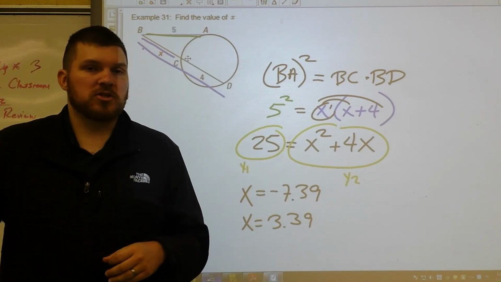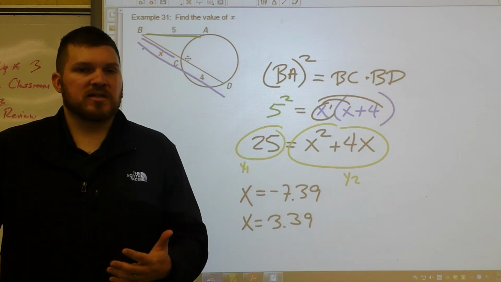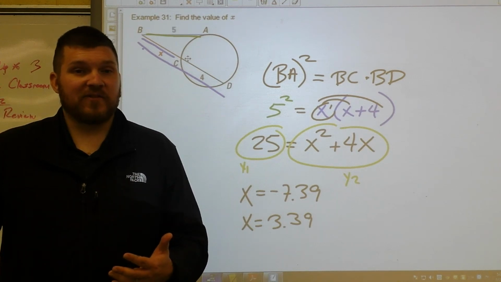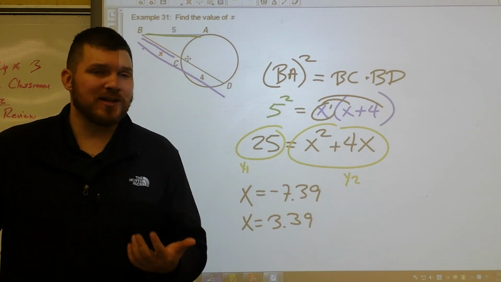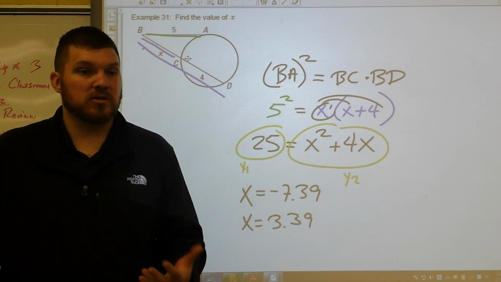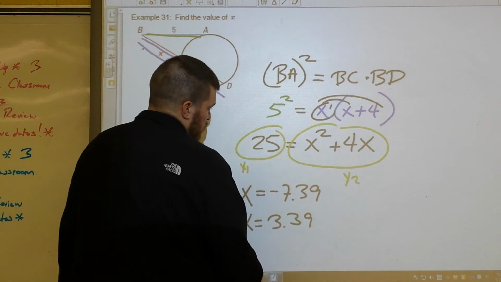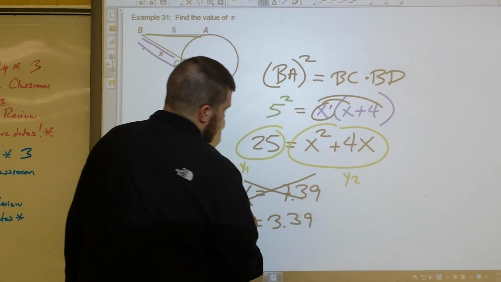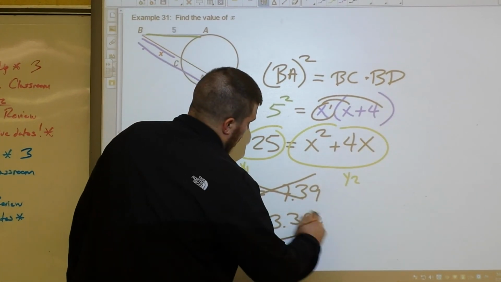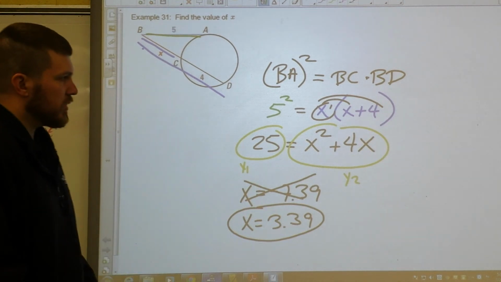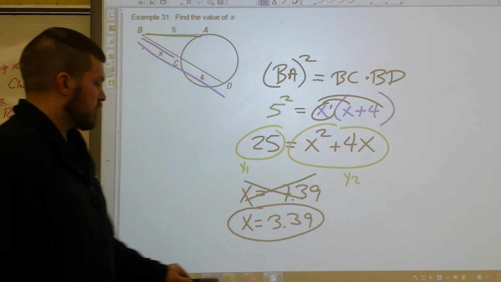Does it make sense if I tell you that I ran negative 5 miles last night? Can you run a negative distance? Absolutely not. So distance can never be negative. Even though there are two algebraic answers, in terms of the problem, the only answer I want to worry about is the positive one. So x is 3.39.